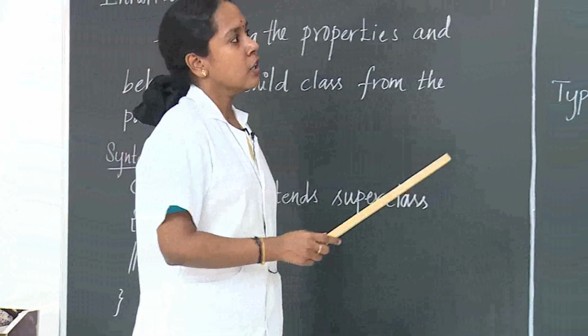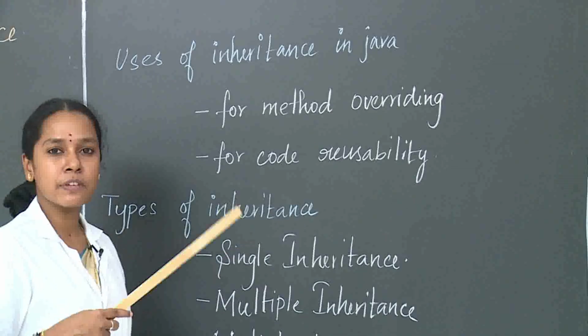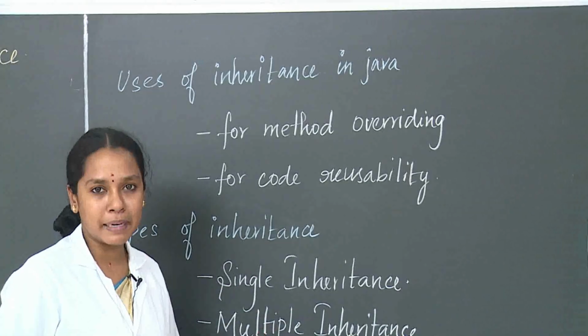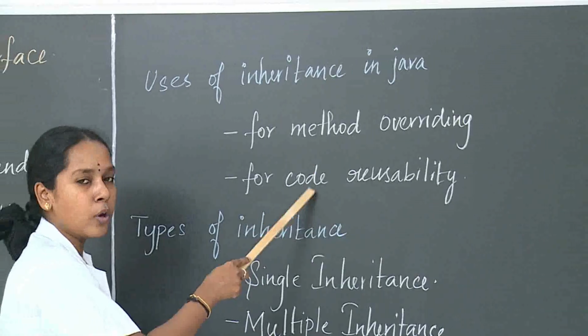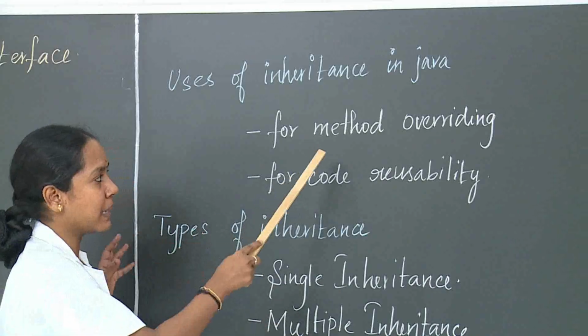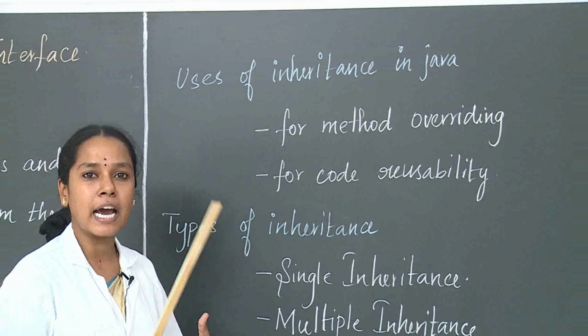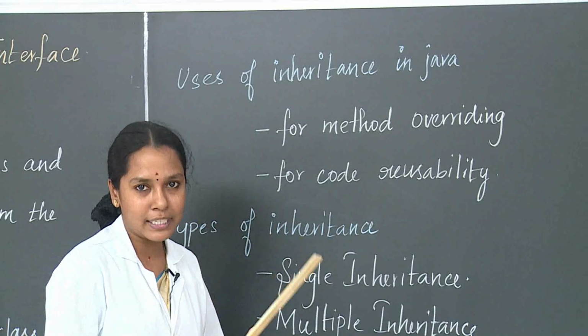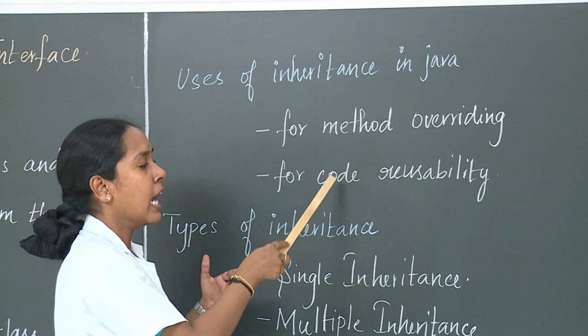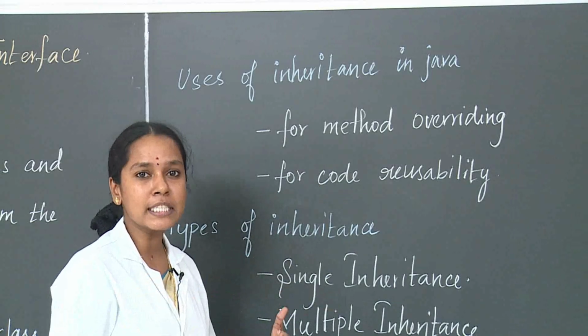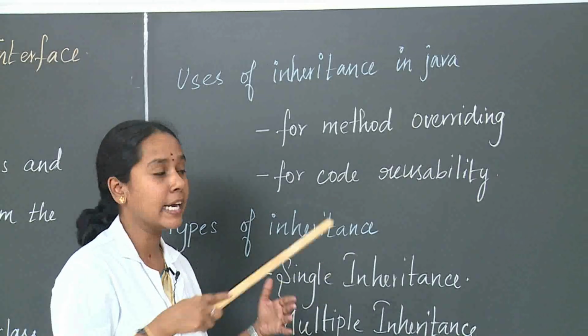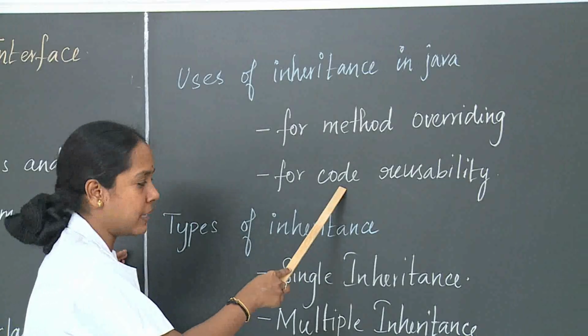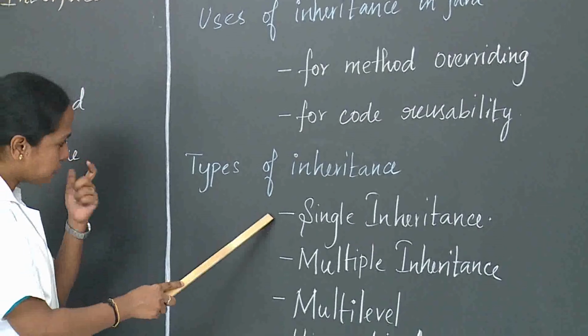Okay. Next, what are the uses of inheritance? Here we can override methods, and code reusability is also there. Method overriding means we can access a method more than one time, and we can use the same properties again and again. That is called code reusability. Okay, these are the types of inheritance.